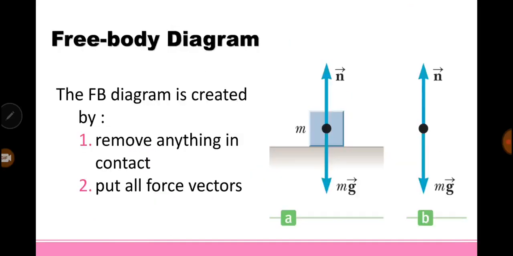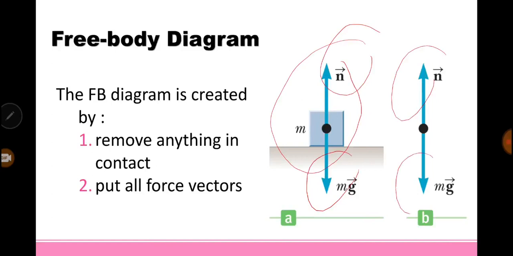You will also learn how to draw a free body diagram. This is an example of a free body diagram. Refer to this block.